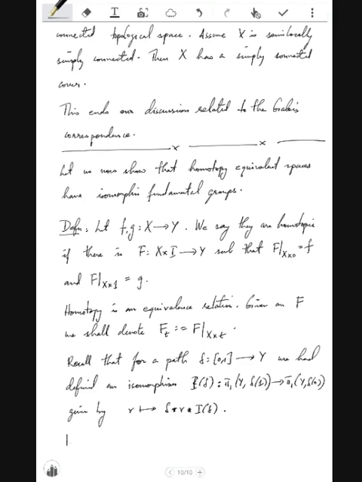So we have the following proposition. Let F from X cross I to Y be a map.